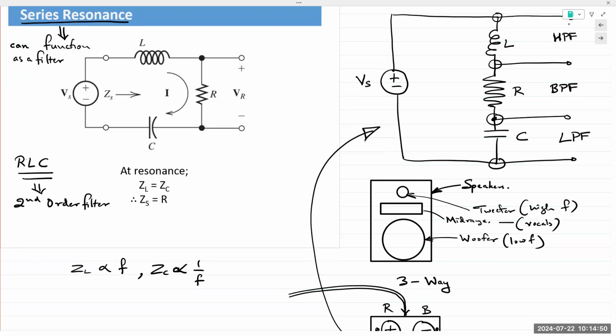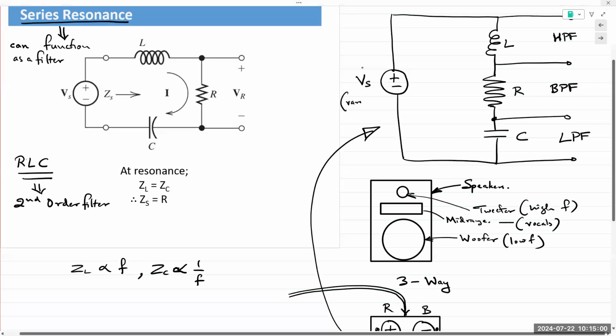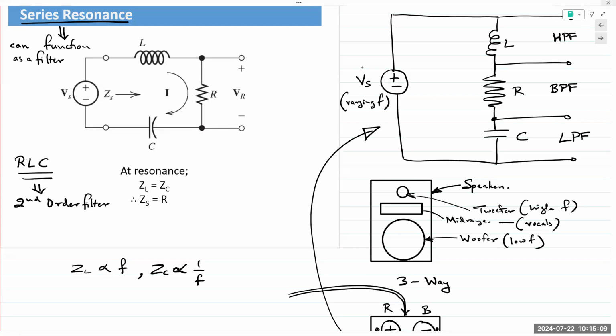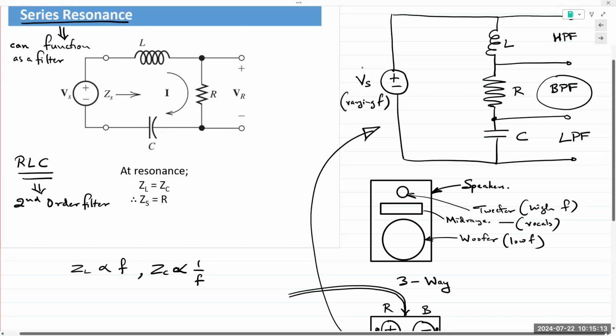If you take the output across the resistor, the incoming input signal Vs, meaning if Vs has varying frequency components, is filtered, meaning it blocks the high and the low frequencies depending on the values of R, L and C. You have a certain band in the middle that is allowed to pass through, which you obtain across the resistor. So it functions as a band pass filter.